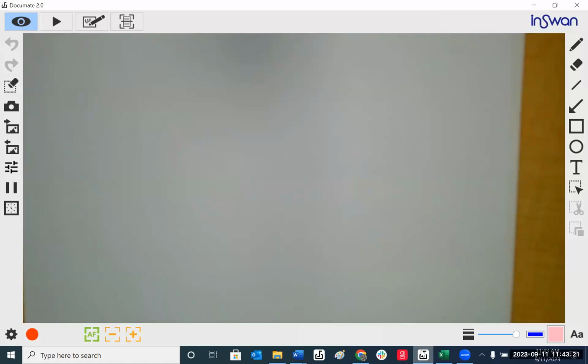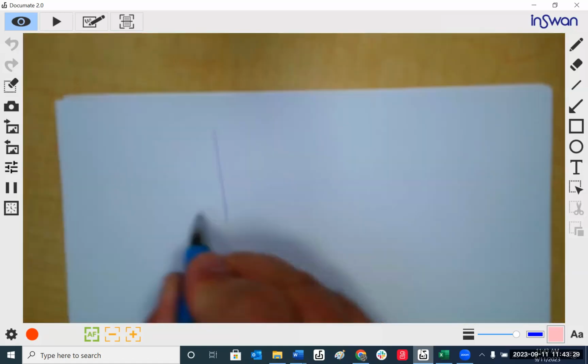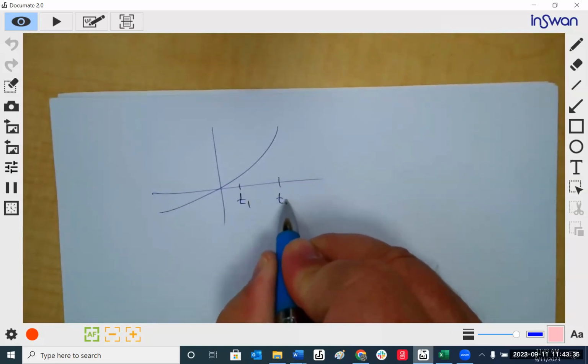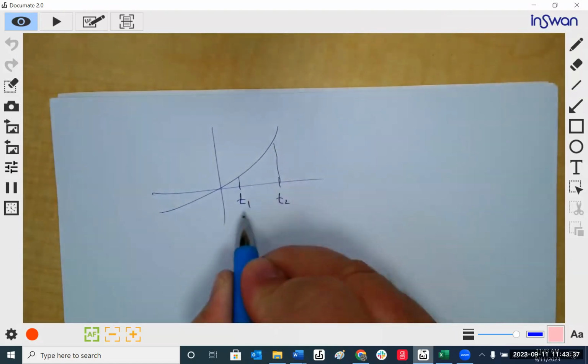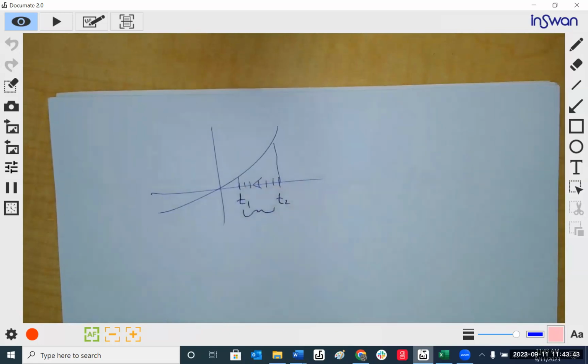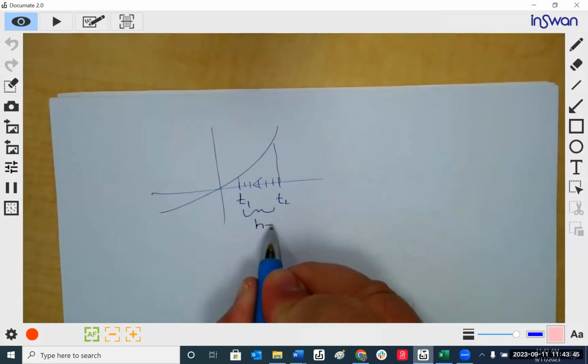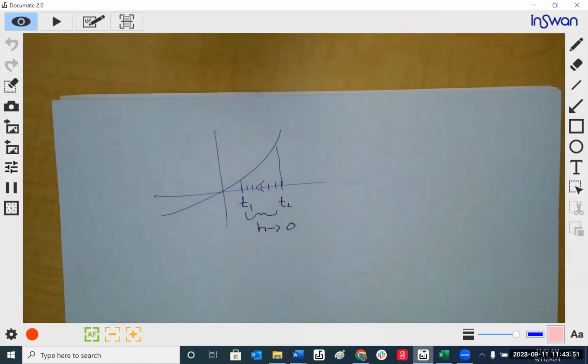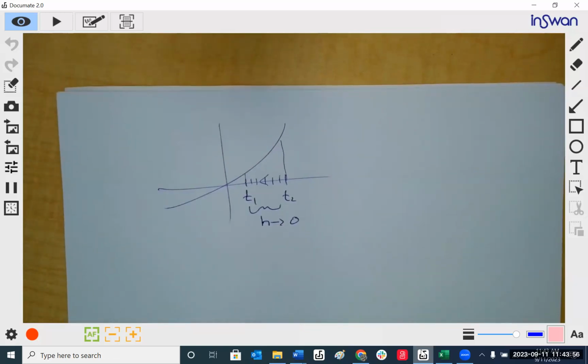But you notice here, instantaneous speed happens, this is T1, this is T2, when this value gets closer and closer and closer. In other words, the distance between here goes to 0. That's what limits are all about. We'll get to that in a little bit. That's going to be your limit. That's going to be your derivative.